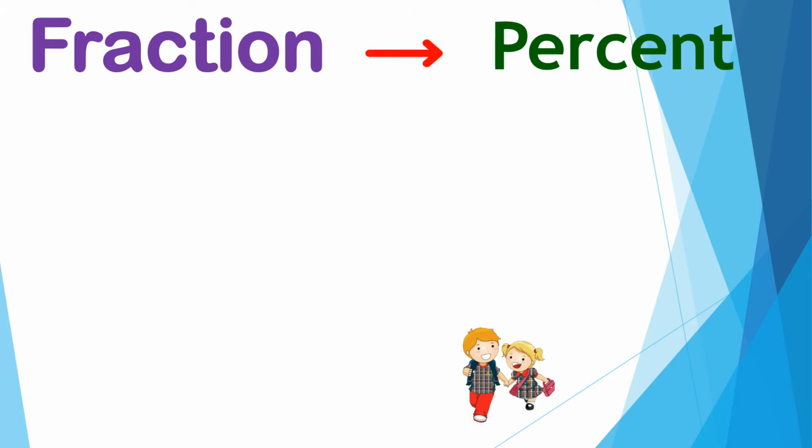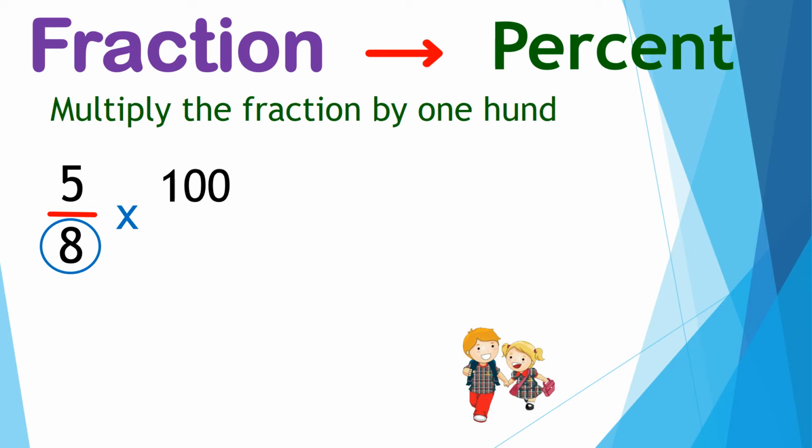Converting fractions to percentages is pretty simple. But fractions with denominators that are not a factor of 100 need extra work. Like this one, 5 over 8. Percent is a special fraction with 100 as a denominator. However, 8 is not a factor of 100. What should you do? In this case, we multiply the fraction by 100.